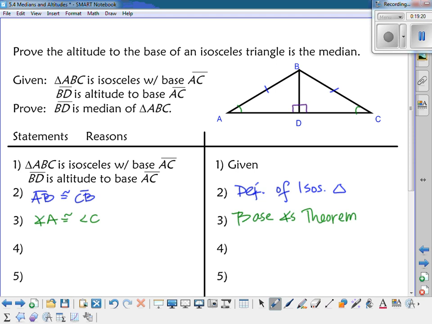It has to be perpendicular. So I know that BD has to be perpendicular to AC, since I said it was an altitude. That's the definition of an altitude.